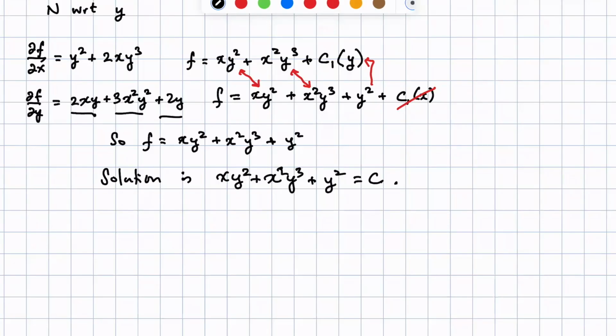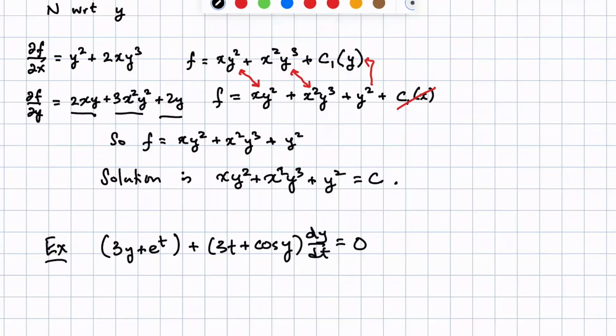Now let's do another example. Let's take a look at this one. This one will have y's and t's on it instead of x's and y's. So (3y plus e to the t) plus (3t plus cosine y) dy/dt equals 0.